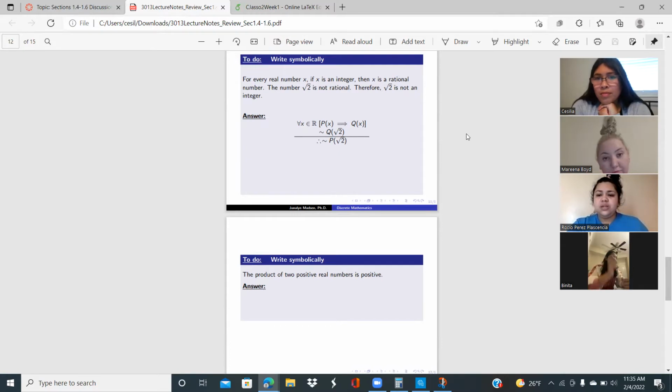And it's saying square root of 2 is not rational, that's why the negation is in front of it. And then the therefore, the three dots: therefore square root of 2 is not an integer, because our P of X was X is an integer.